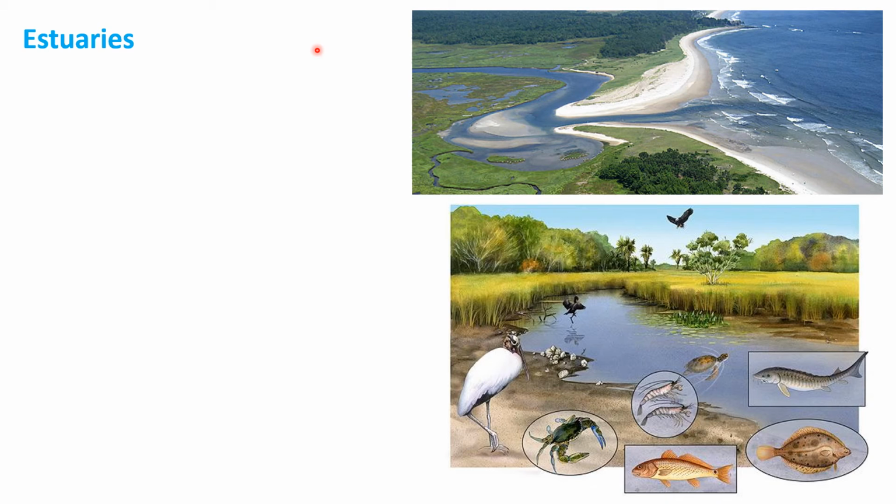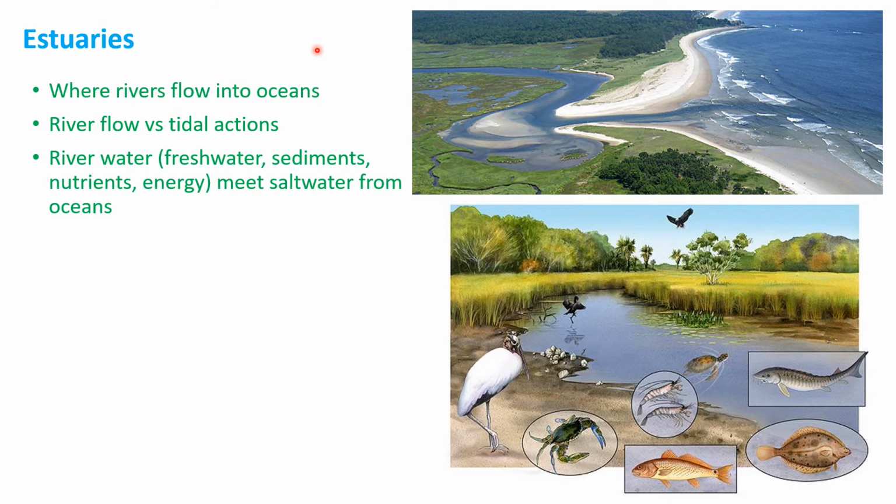Another form of coastal environment are estuaries. Estuaries, by definition, are unique, transitional environments where rivers flow into the oceans. Estuaries receive water from different sources. One is fresh water, received through the river flow, and then the tidal actions bring in salt water, oceanic water.